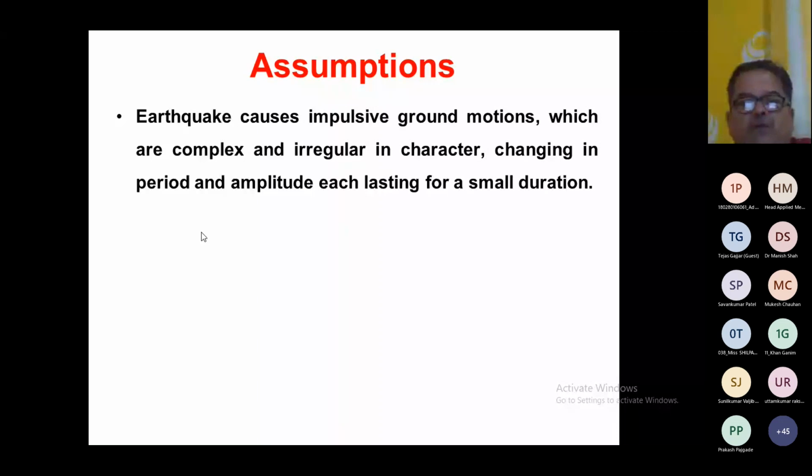So resonance is not possible. The reason is your building has its own frequency, but the earthquake carries different frequencies. If you apply the same frequency continuously for a longer time, then resonance will build up. So the first assumption is that resonance is not possible most of the time as far as earthquakes are concerned.